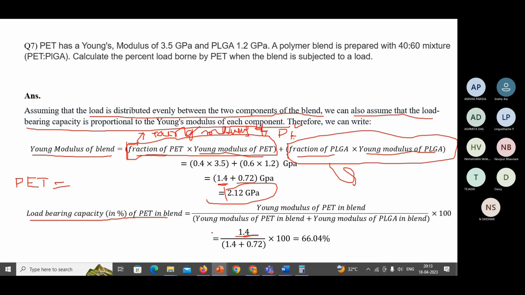This particular thing can also be mentioned as the ratio of the component's Young modulus to that of the blend.